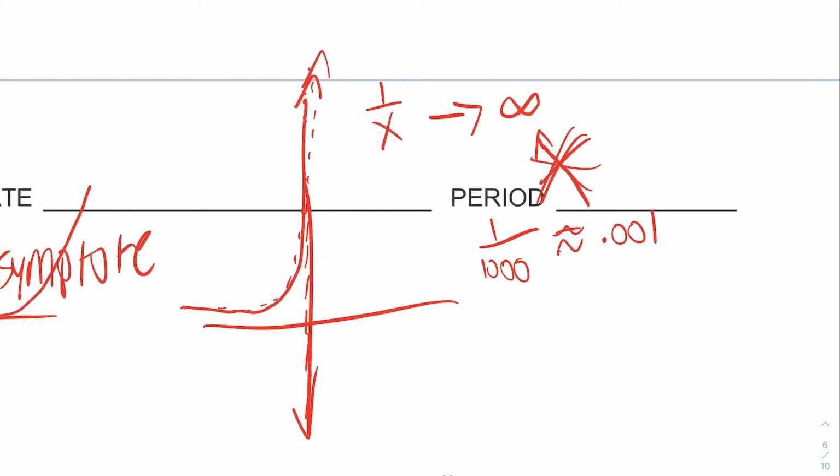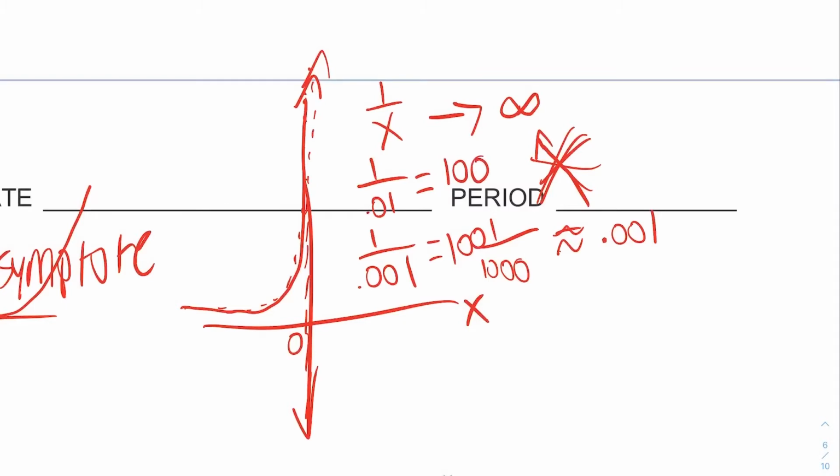So then if we look at our graph, you can pay attention and see that we were plugging in things that were close to the origin. We were plugging in x's close to 0. And if we plug in x's close to 0, 1 divided by 0.01 equals 100. 1 divided by 0.001 equals 1,000.